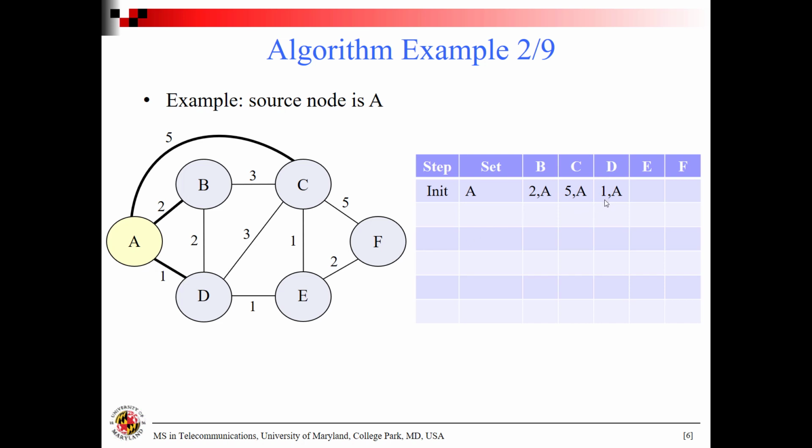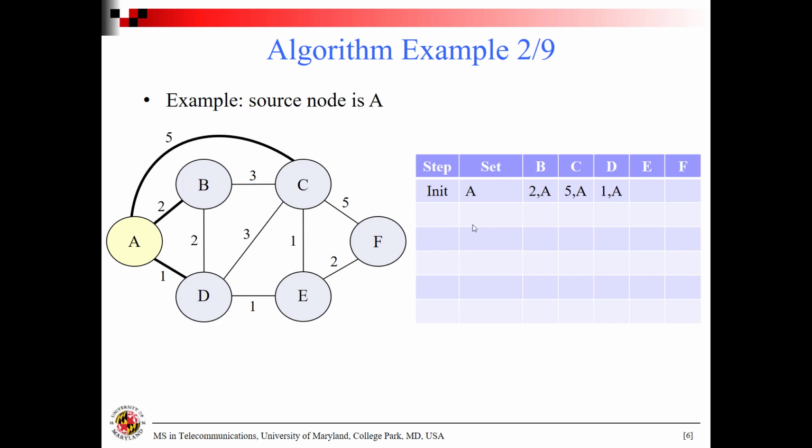So we will add that to the table, and again the predecessor will be node A, because that's the node which is next to the last node on that path. And this path just consists of 2 nodes, right? The first node is A, and then the last node is D.